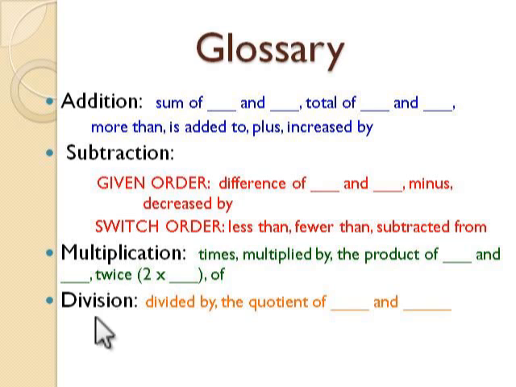So if you see twice t, twice m, it's going to be 2 times whichever variable they give you. For division, we don't have quite as many choices, but divided by or quotient of blank and blank would mean that you're going to divide. So if you have t divided by 5, the quotient of t and 5, the quotient of 5 and t, what you need to remember here is that you always put your variable and your number in the order they give you for division.